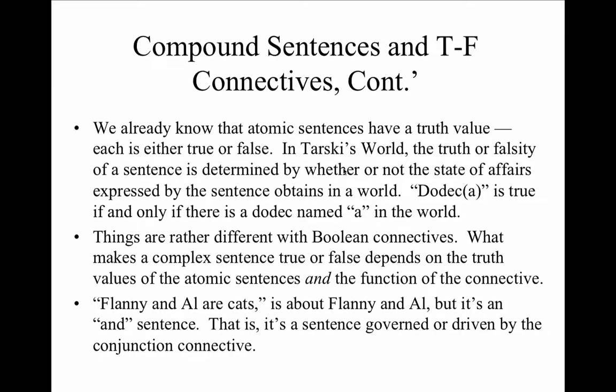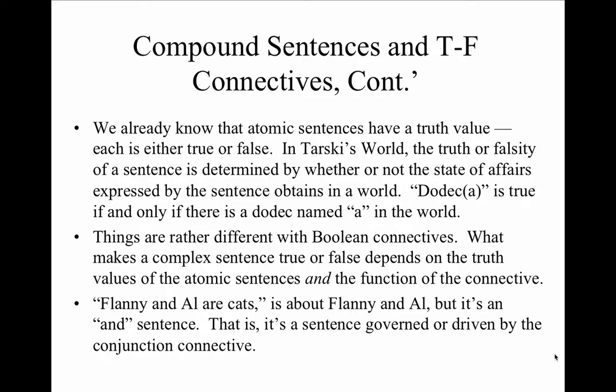The way that we determine truth via our Boolean connectives, that is, by our connectives negation, conjunction, and disjunction, or in ordinary language, words like not, and, or, is not simply a matter of comparing the sentence with the world.